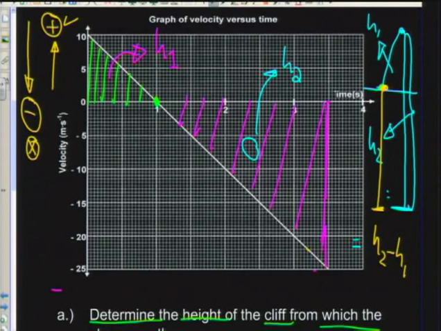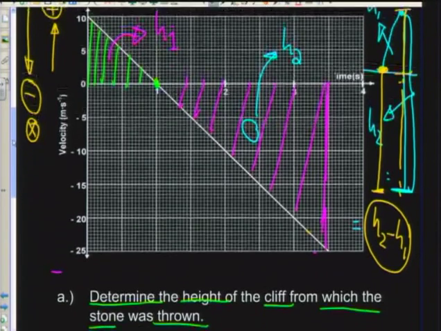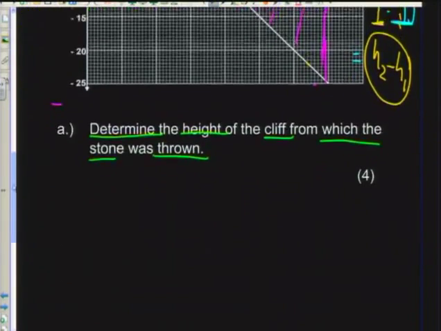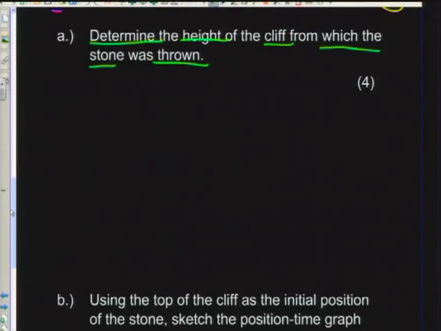That will be the height from which the stone was thrown, because I would be subtracting that part from this down part here.